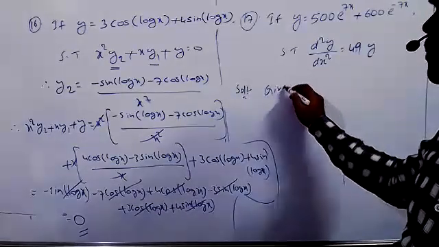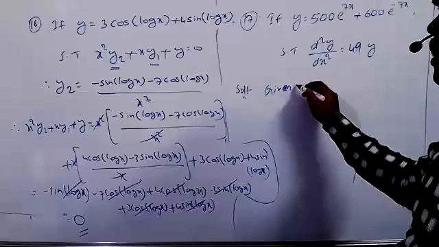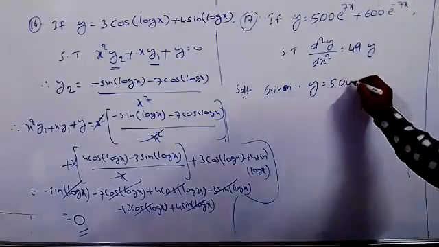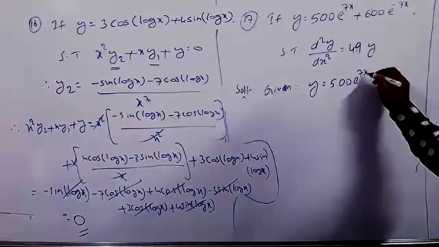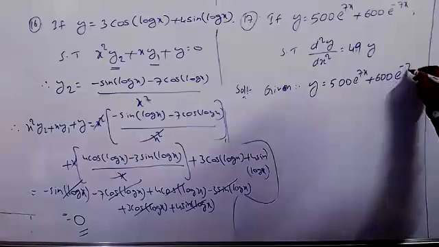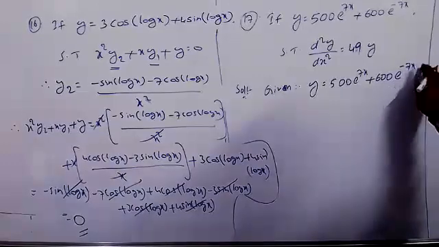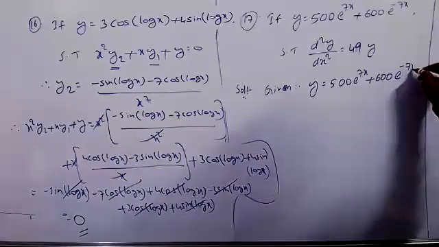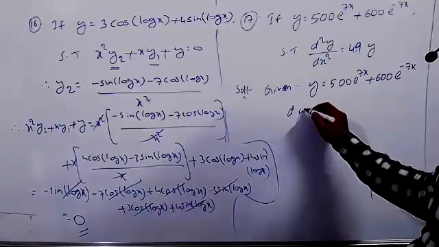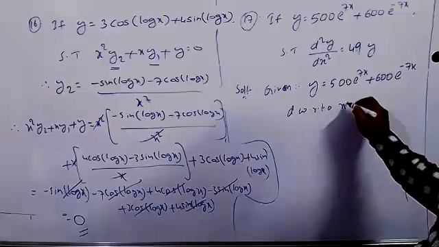So given function first you can write now. Given the value of y equal to 500 e power 7x plus 600 into e power minus 7x. Right, now differentiate with respect to x on both sides.